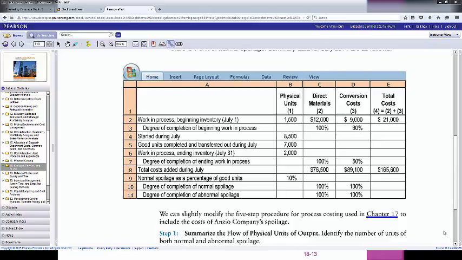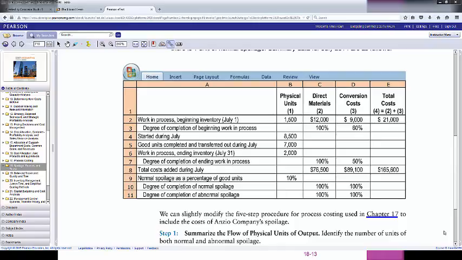We have carried over some units from the prior month, and we have a beginning inventory of 1,500 physical units. Those units had incurred in the past period $12,000 worth of direct materials and $9,000 as to conversion cost.